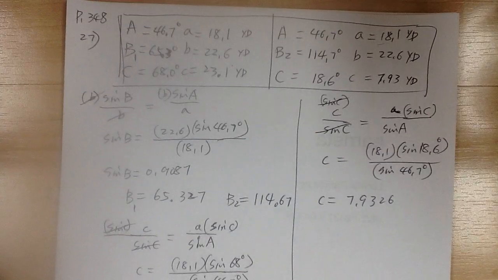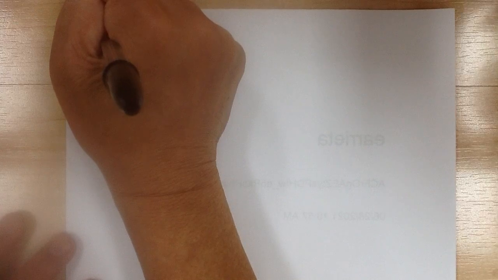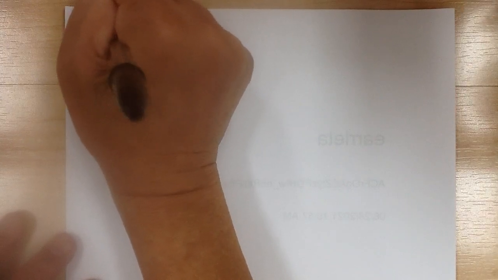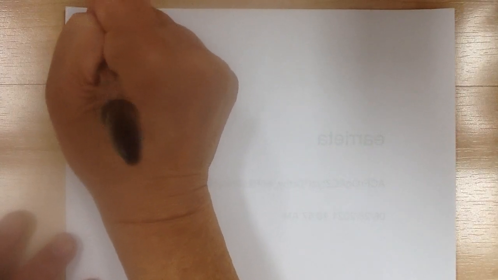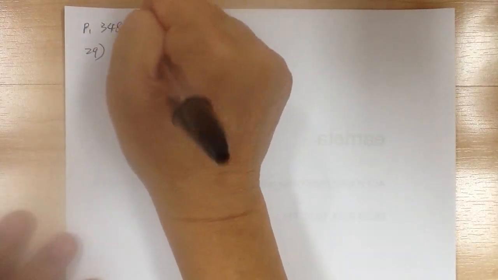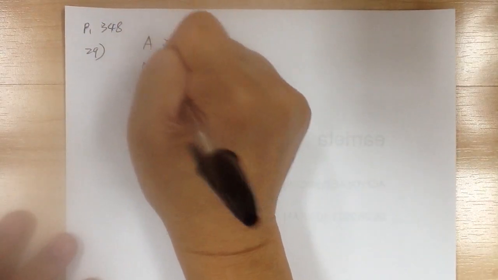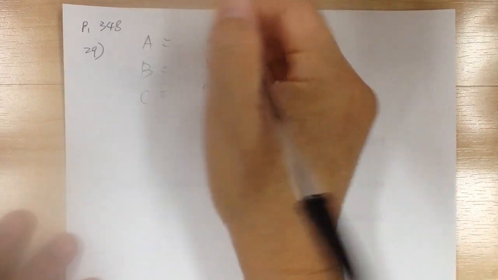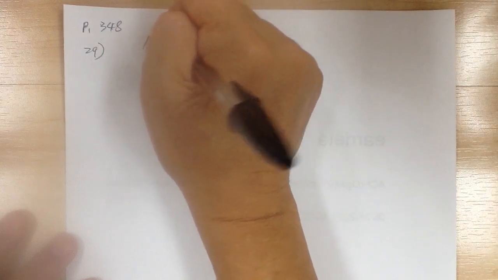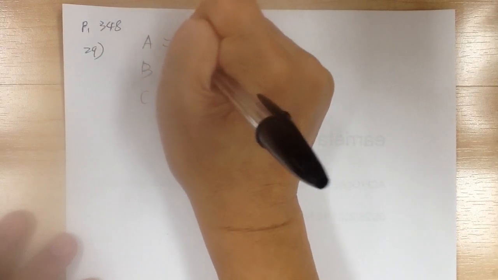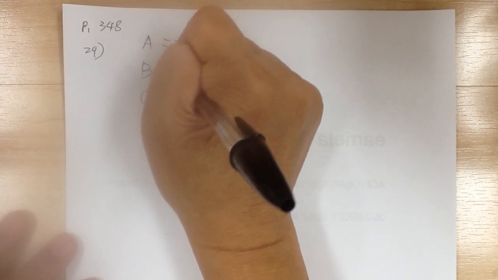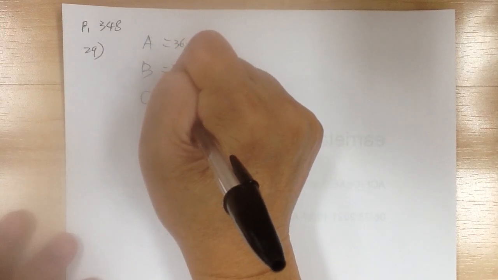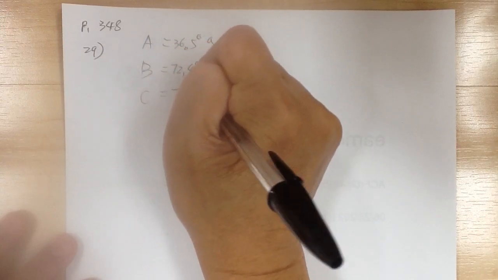Okay, let's go to number 29. You got A, B, C. Okay, this one alpha is 36.5 degrees, beta equals 72.4 degrees, and gamma is 71.1 degrees.